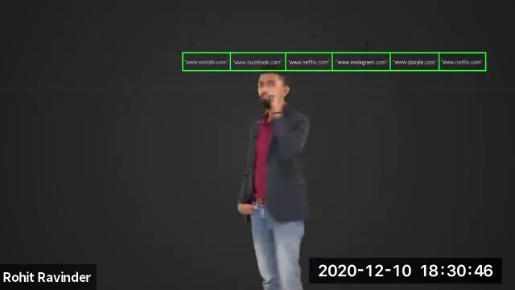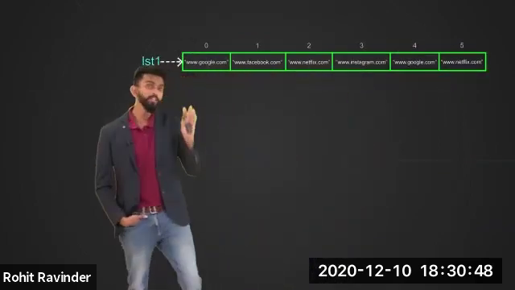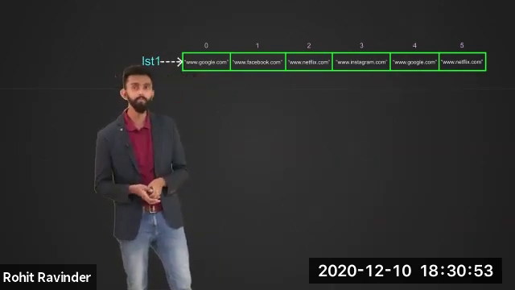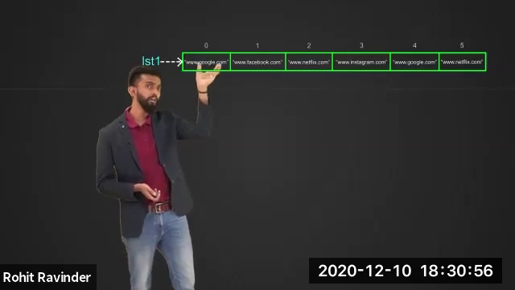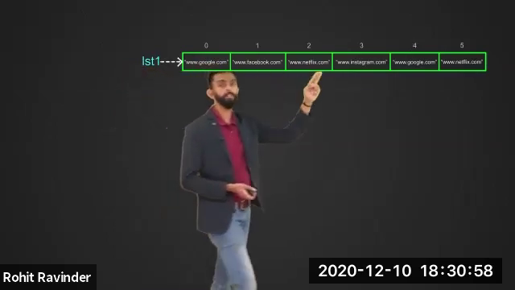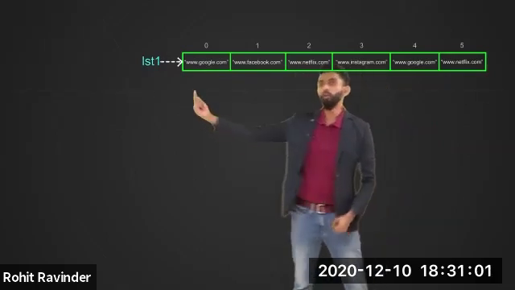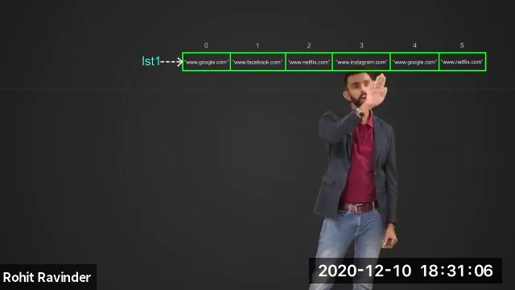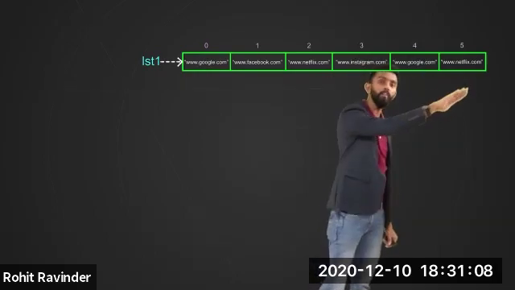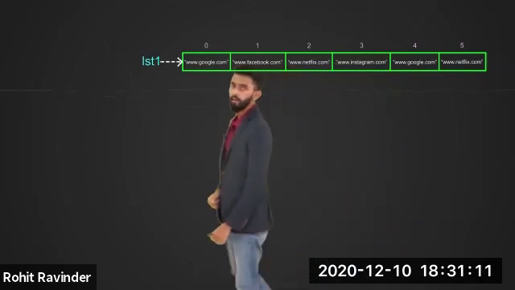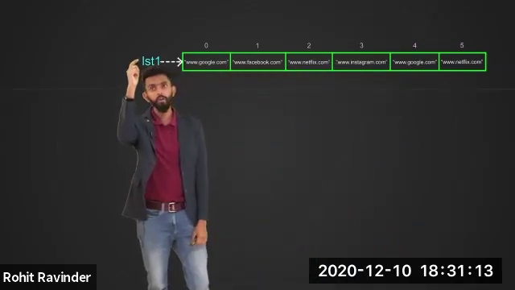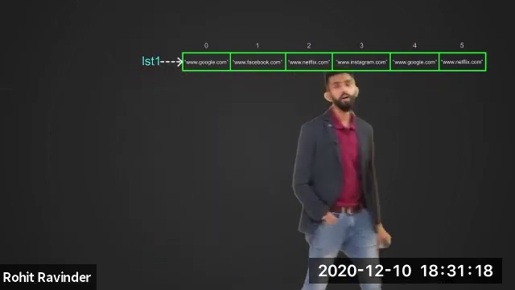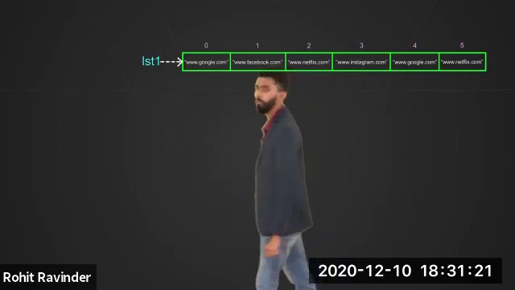If you're not able to see because some of you are looking at it from your phone screen, I have URLs of websites: Google.com, Facebook.com, Netflix.com, Instagram.com, Google.com, Netflix.com. And I've given a name for this list. I have called it LST1.